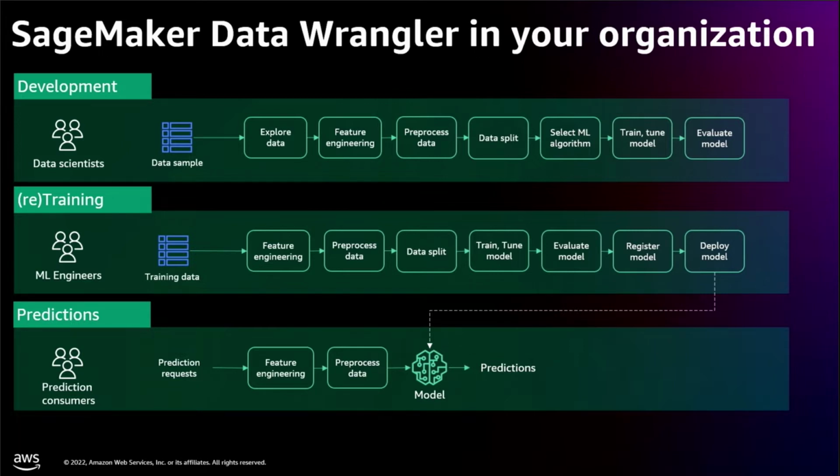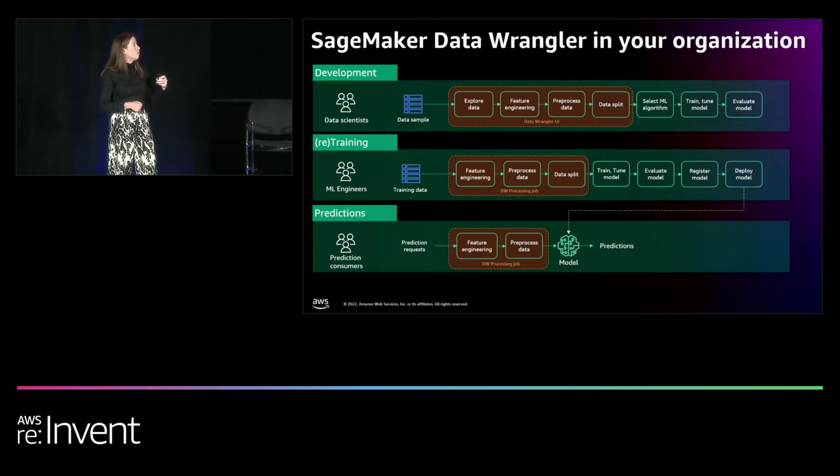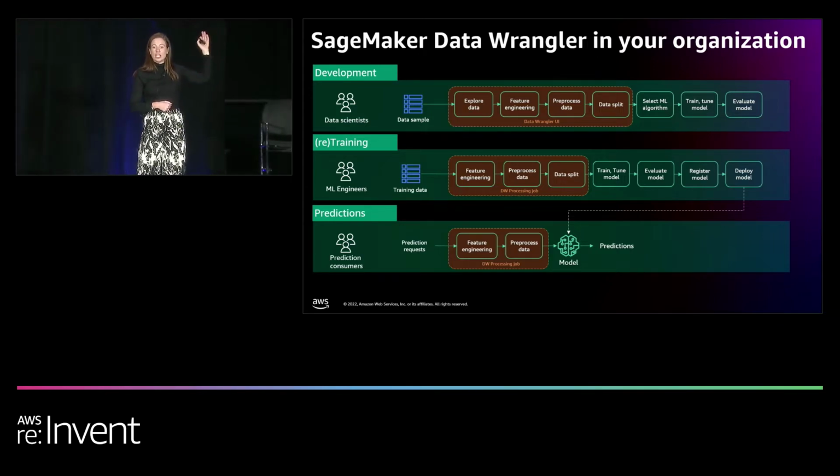We have the predictions requests coming in from the real world. Of course, we need to do all the same exact feature engineering on those predictions requests as we did in the training workflow and in the development workflow in order for the model to understand the data and ultimately give us our predictions back. And so that's where Data Wrangler fits in really nicely. Up in the development flow, you have the Data Wrangler UI.